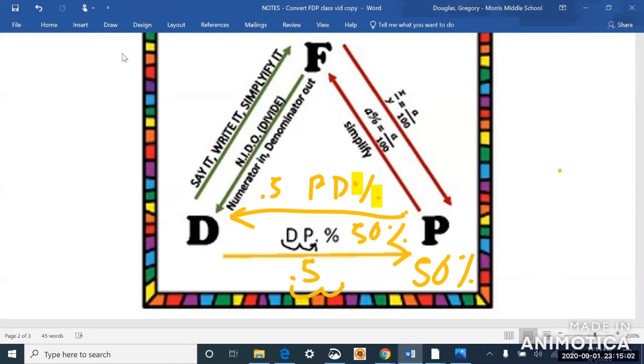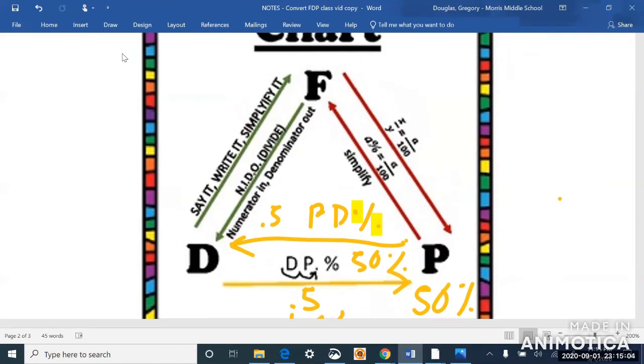Just a little note on there. Decimal to fraction, so 0.5 mathematically is called 5/10. You make it as a fraction. You drop a 1 under the decimal and put a 0 under each digit. So 0.5 is 5/10. You say it, then you write 5/10, and that is your fraction.